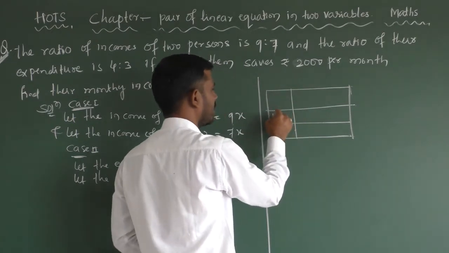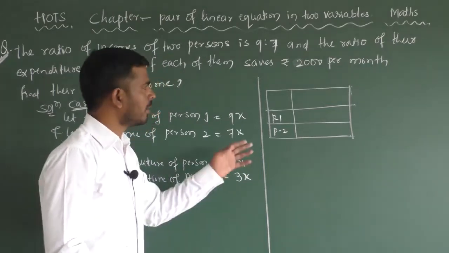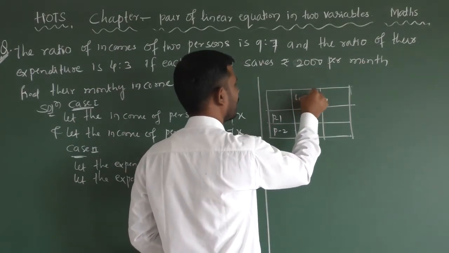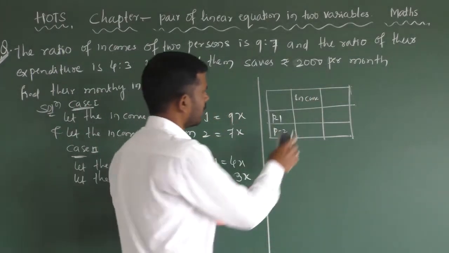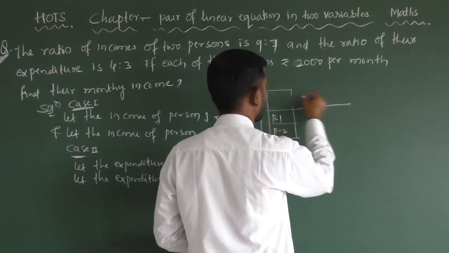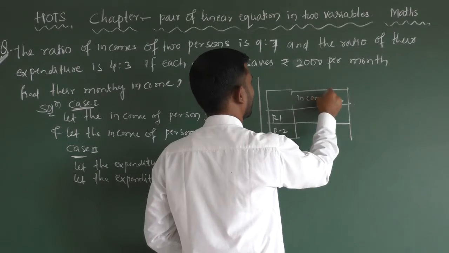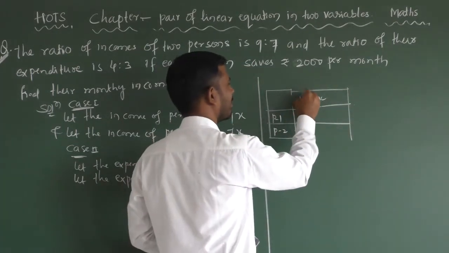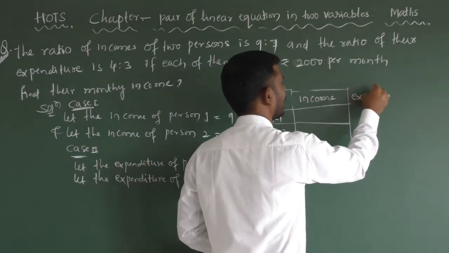See here, this is person 1, this one is person 2. First, write here income, in a big column. Here you can write expenditure.